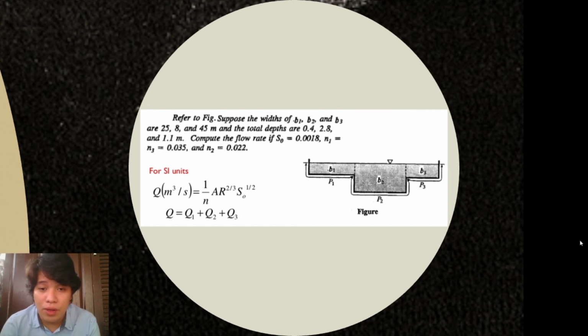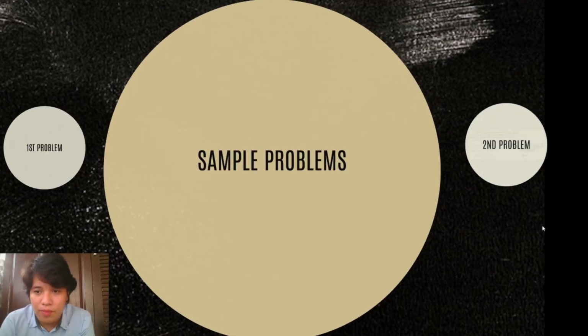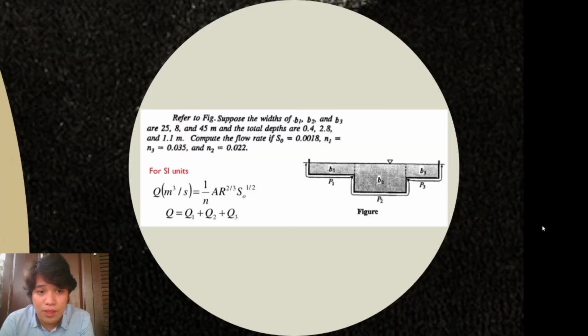Suppose the widths B1, B2, and B3 are 25, 8, and 45 meters respectively, and the total depths are 0.4, 2.8, and 1.1 meters respectively. Compute the flow rate if S0 is equal to 0.018, and n1, n2, and n3 are given.